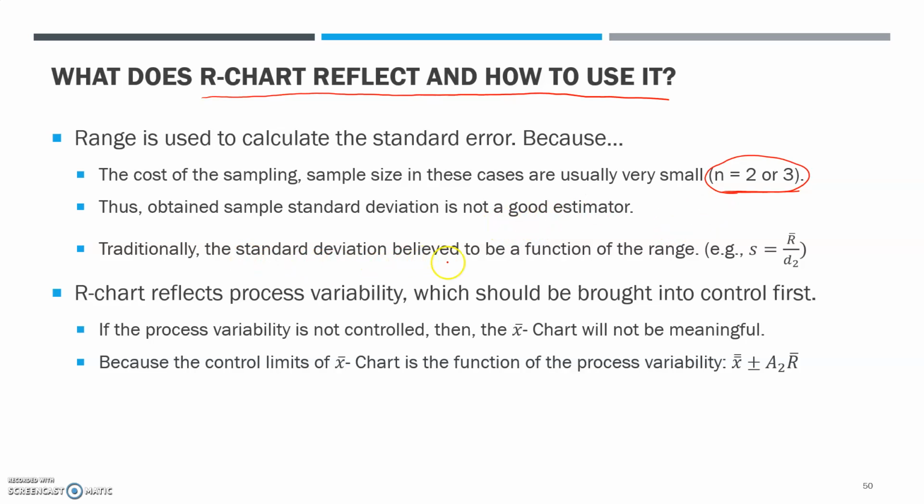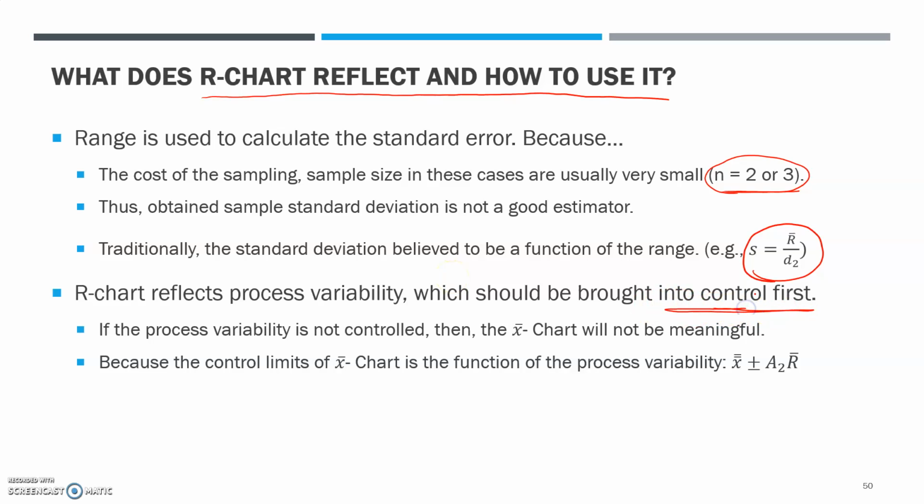Traditionally, standard deviation is believed to be a function of the range. That is the basis for those D2, D3 constants. There is some sophisticated derivation process, but I'd like to skip that. All you need to know is that we need D3 and D4 to construct the limits for the range chart. The R chart reflects the process variability, which should be brought into control first.